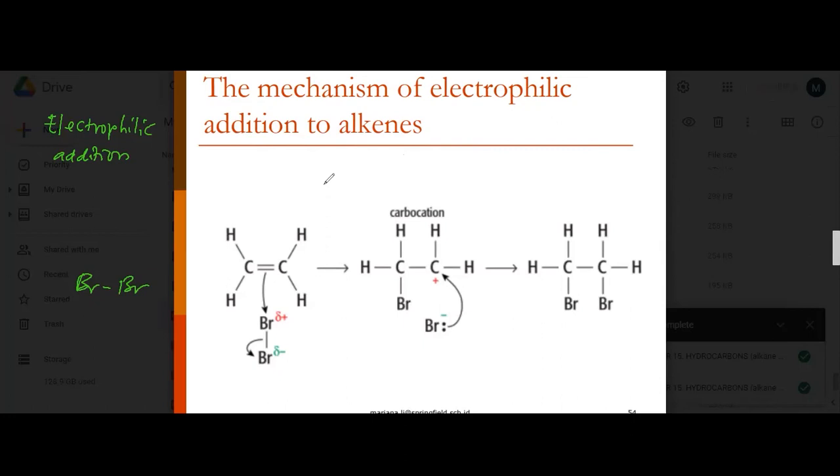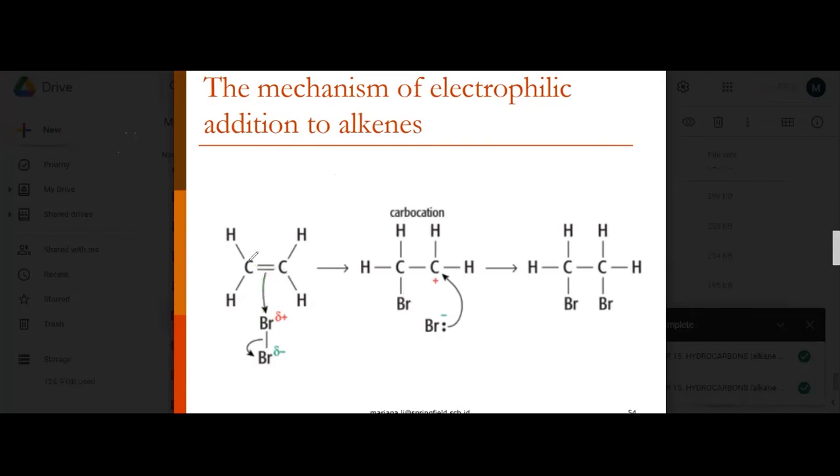Negative to positive. I always say it like this, and I put pressure on my words because this is very important. That's why the arrow goes from the double bond to Br, look here, not from Br to the double bond. This is what we call the reaction mechanism.